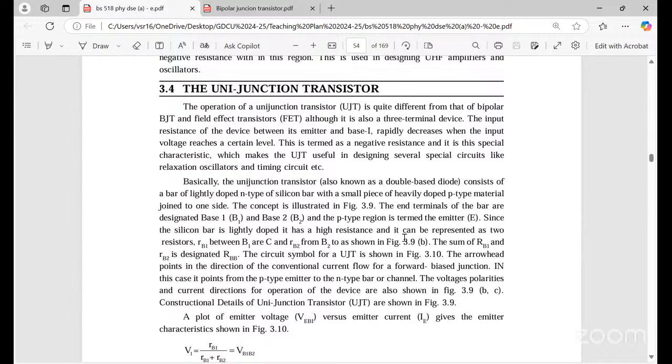The input resistance of the device between emitter and base may rapidly decrease when the input voltage reaches a certain level, and this is termed negative resistance. It is this special characteristic which makes the UJT useful in designing several special circuits, like relaxation oscillators and timing circuits, RC. Okay.